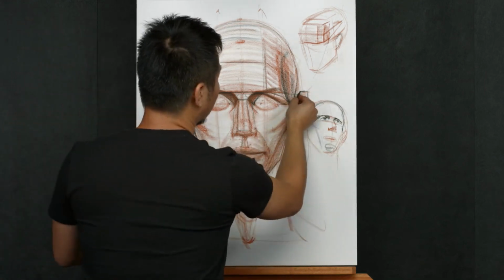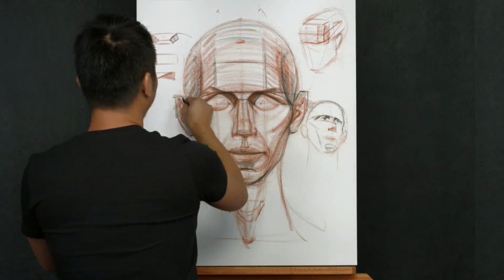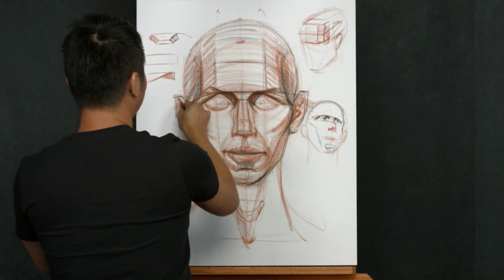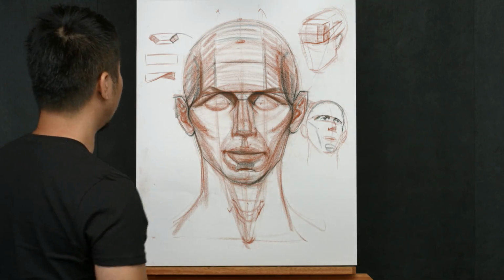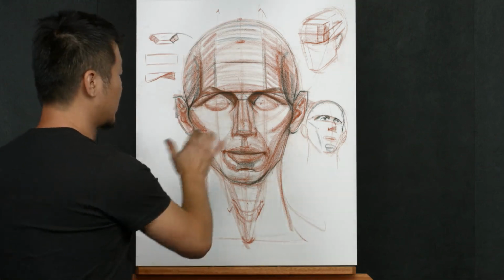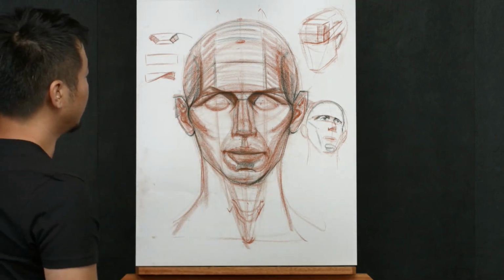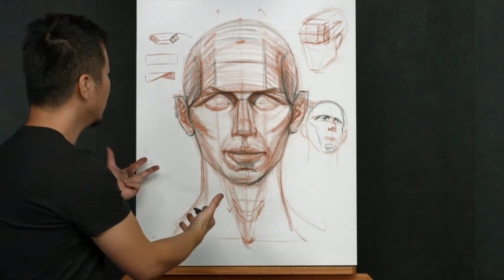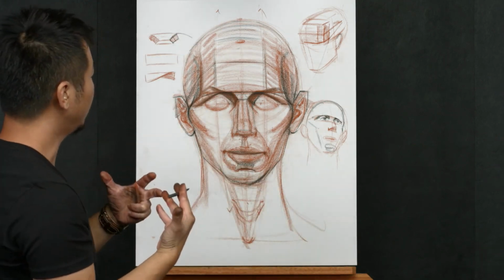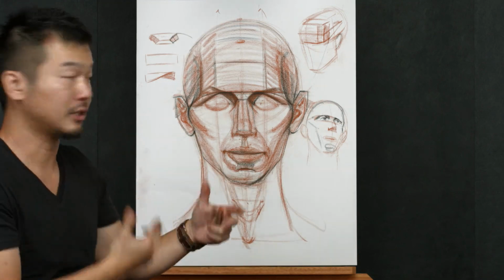So you want to make sure you clarify that. But I guess not everywhere. Some areas you do want to make loose, lost, keep a soft edge, kind of set it back in the picture. Some areas you want to come forward, either for perspective purposes or for design.